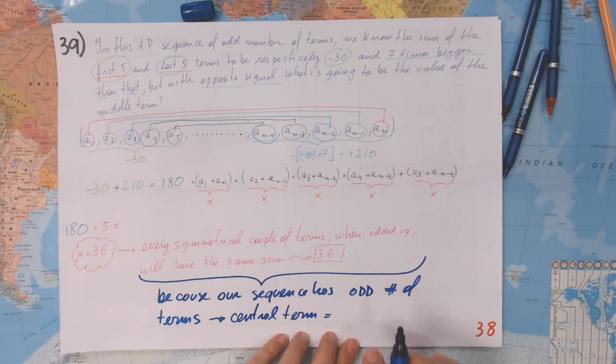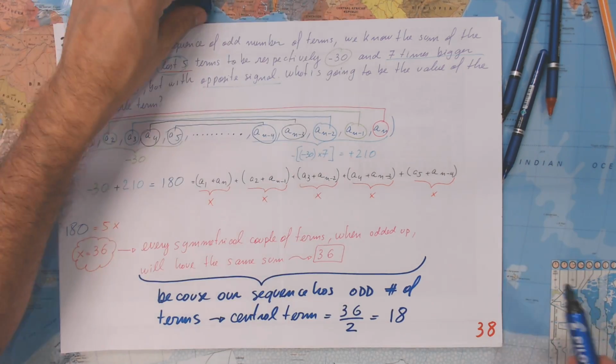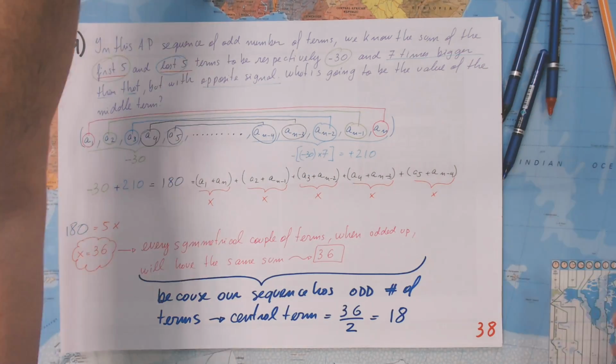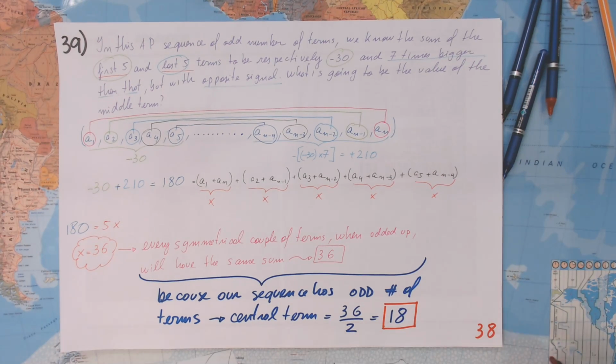Half of the symmetrical summation. I'm just going to write it like this. It's going to be 36 divided by 2, which is 18. I'm going to show you in another paper. This is going to be the answer, so this is going to be the central term.